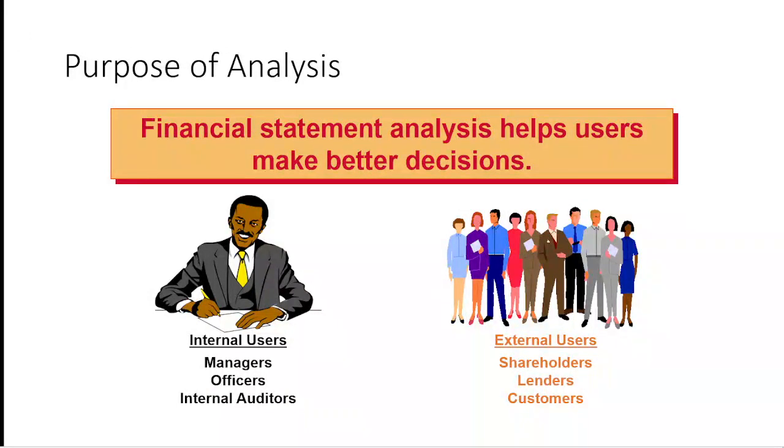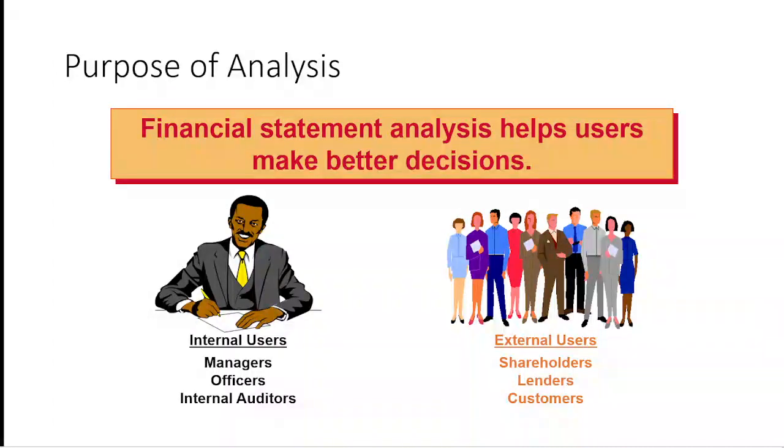Everybody has a different purpose. Managers and officers may want to understand whether their strategies are working and whether they are achieving the profitability they are tasked with. Maybe their incentives are tied to the profitability of their department, the overall company, or the company's share price.